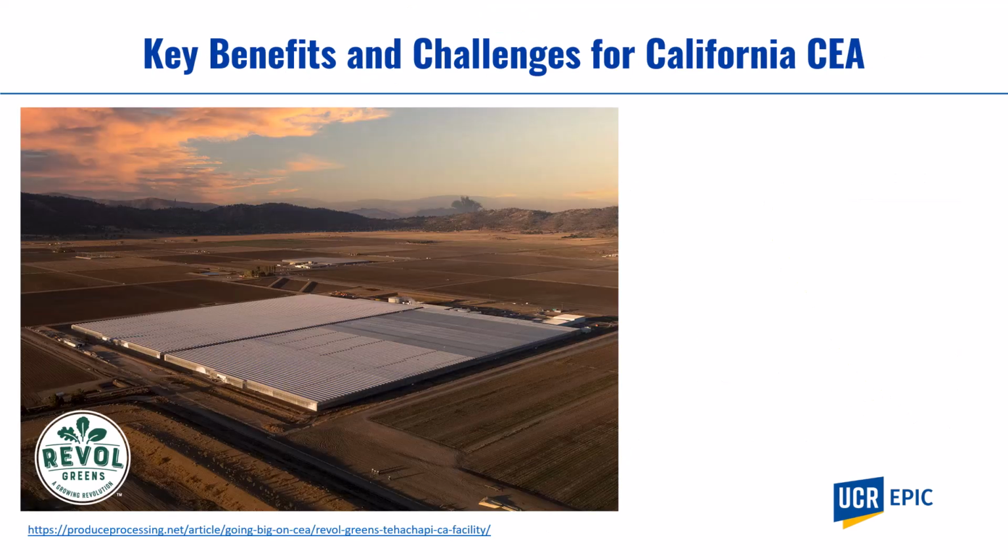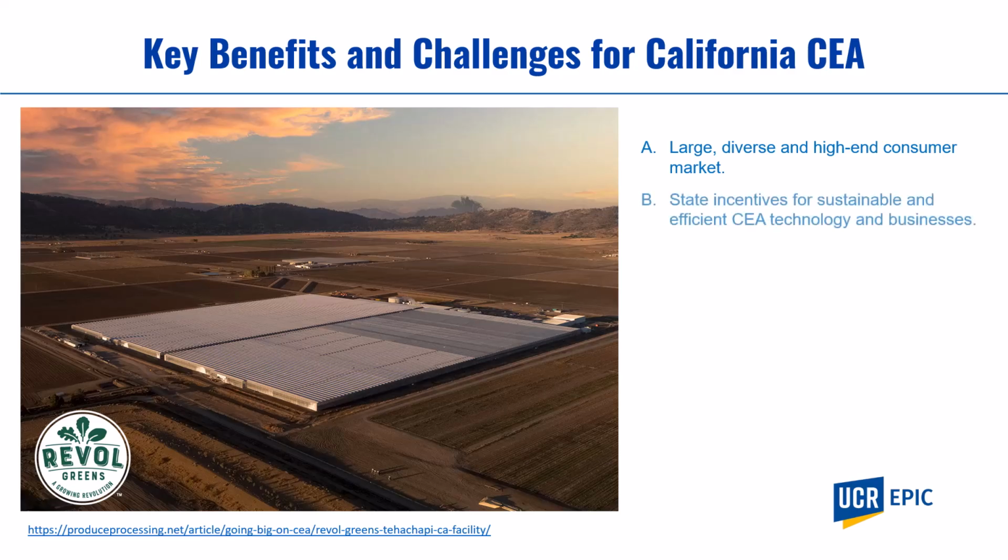So California controlled environment, there are several key benefits and challenges of CEA in California. I'll start with the benefits or advantages. Clearly, there's a large and very diverse high-end consumer market here, and we're talking about tens of millions of people in California and with adjacent states.